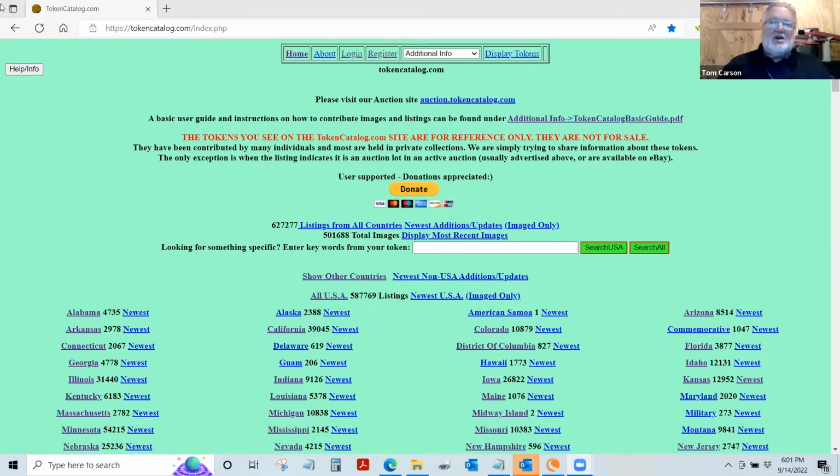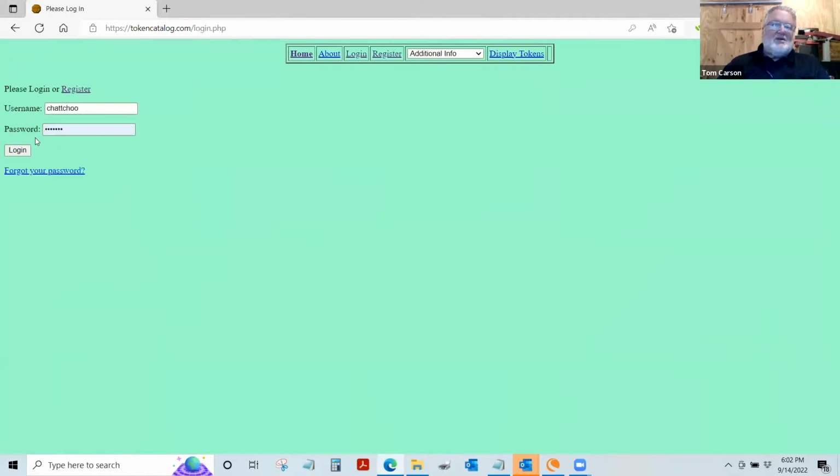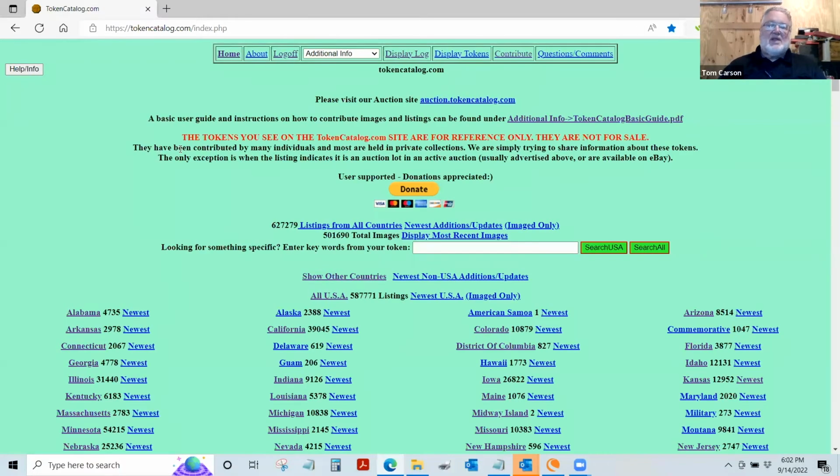So I've got Token Catalog up and I'm going to log in. I advise everybody to register and set up a login. You can go in without logging in, but there are a few more features that you can use. But I'll log in. So I'm screen sharing, good.